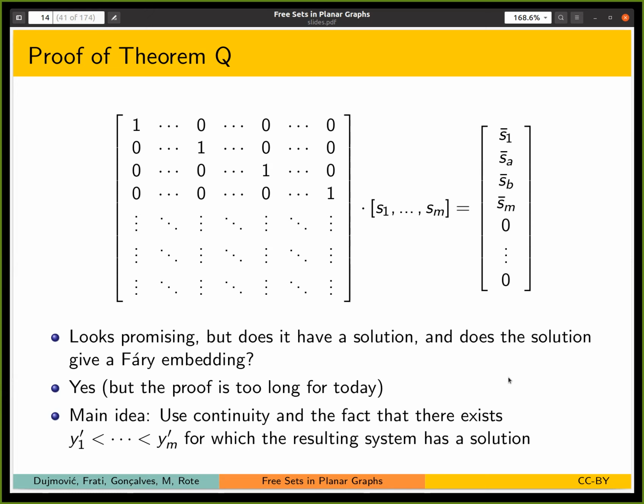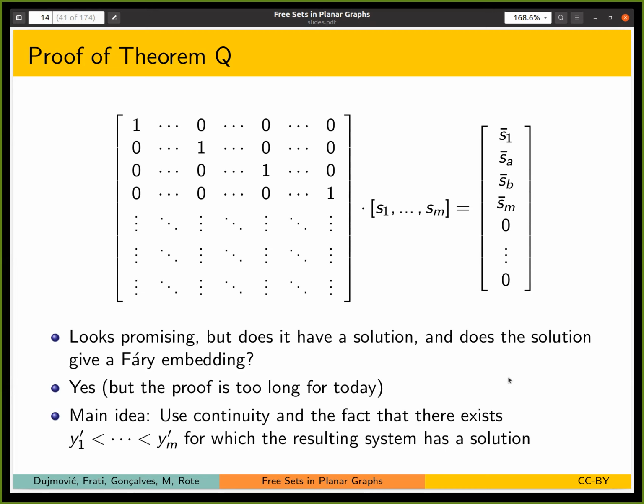And then you use basically a deformation of those things. So you take each of those y coordinates, the ones that you know work, for which this thing has a solution, and you linearly interpolate.